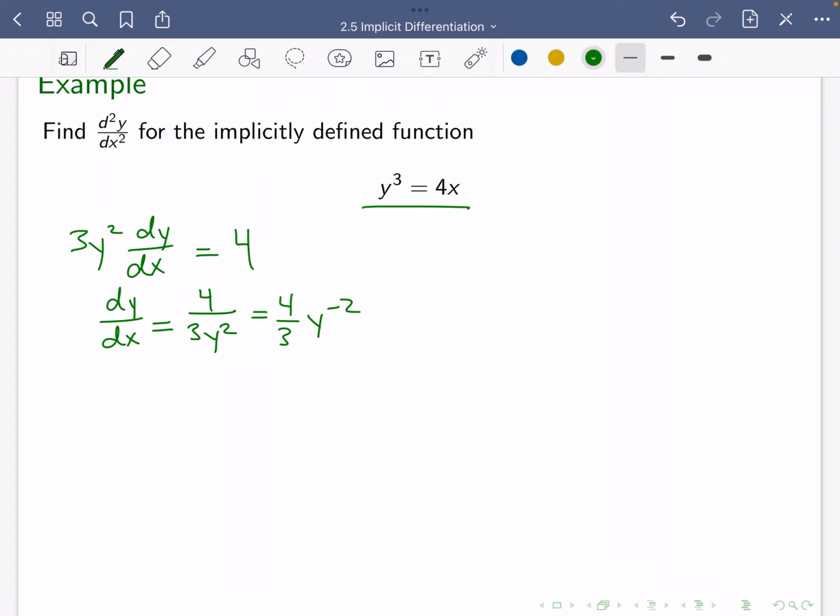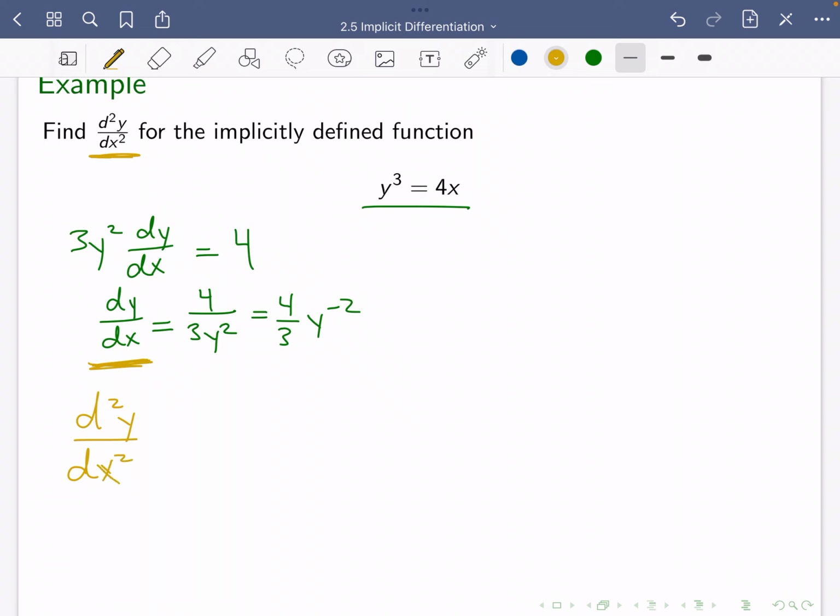Great. Are we done? Well, we're done finding the first derivative, but now we need to find the second derivative. How do we do that? Well, the second derivative is just the derivative of the first derivative. So to take the derivative of dy/dx with respect to x, that is the second derivative.